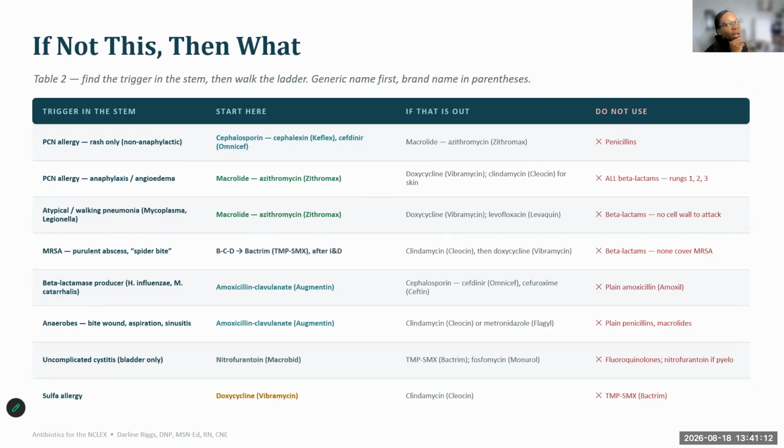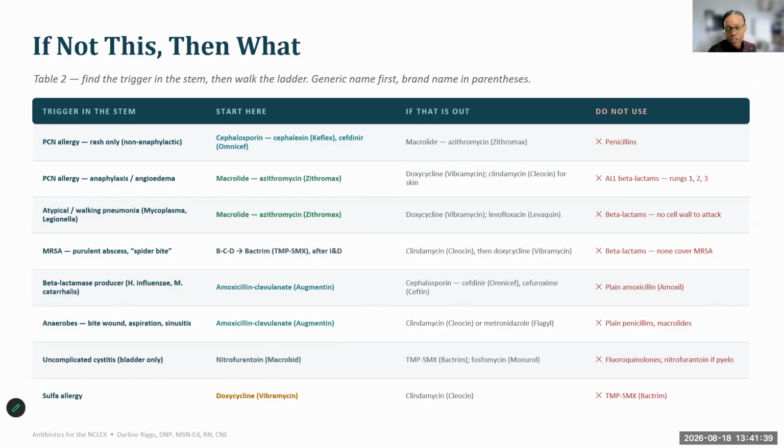So now this slide or this table helps find the trigger in the stem. So that's the thing. You have to pick up on clues that help you eliminate certain antibiotics, right? Find the trigger in the stem, then walk the ladder from earlier that I showed you. So if the client has a penicillin allergy and it's a rash only, meaning it's non-anaphylactic, right?